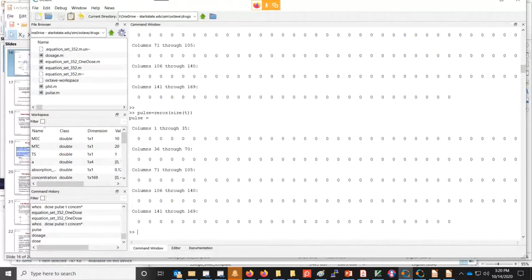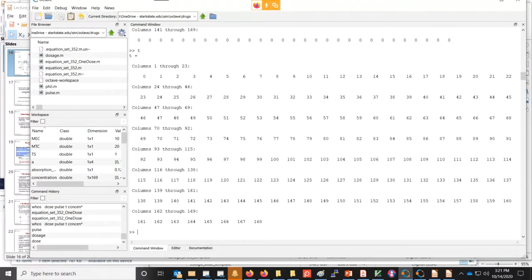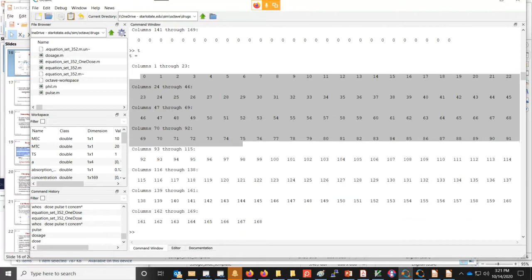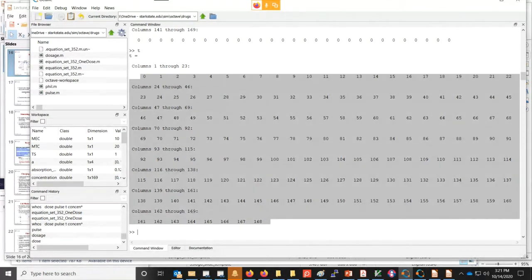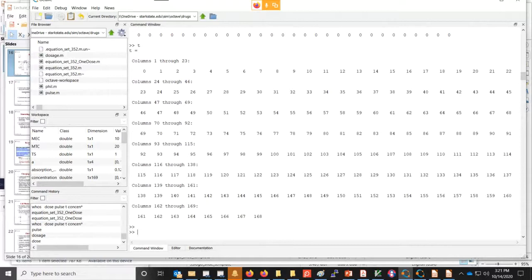And now what I want to do is, if we look at T, it is once an hour. Okay, so T is actually nice even numbers right now. So what I'm going to do is get my modulus for every 8 hours. I'm going to use the modulus function, which does a remainder, taking T divided by 8.